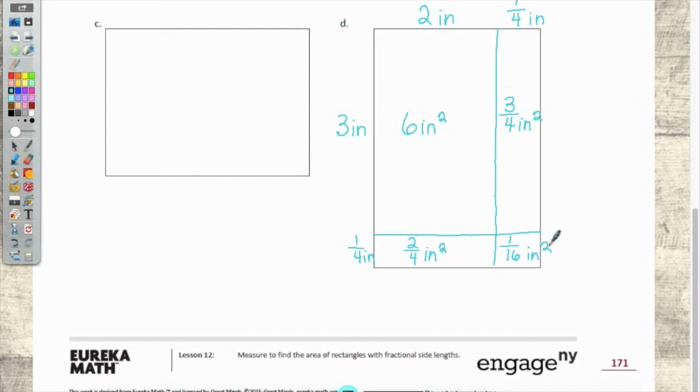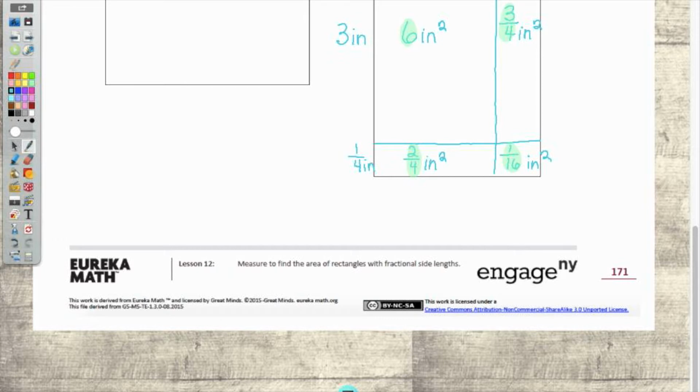Okay, so highlighting the numbers I'm going to add together. Let's see if we can add any of these ahead of time before we write the problem down. We can have 3/4 and 3/4, wait, 3/4 and 2/4, 5/4. So I can add 6 plus 5/4 plus 1/16.